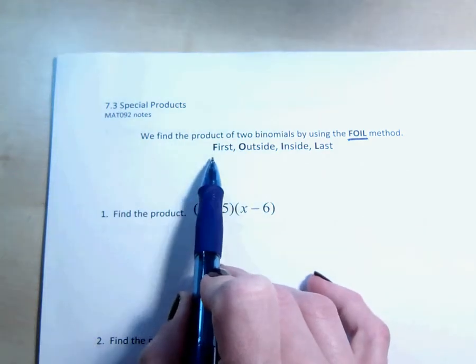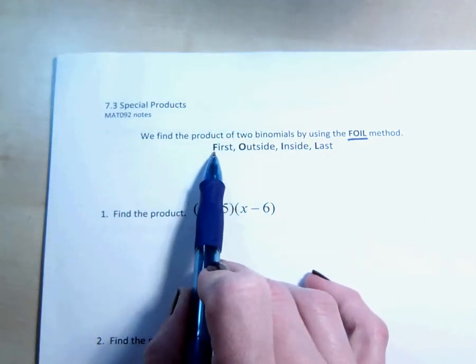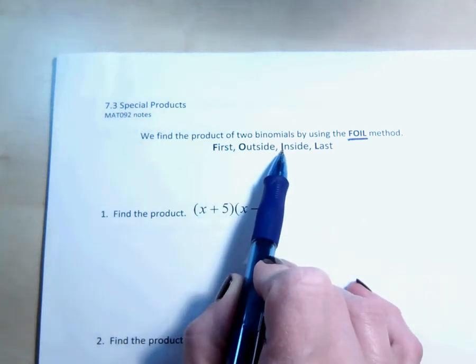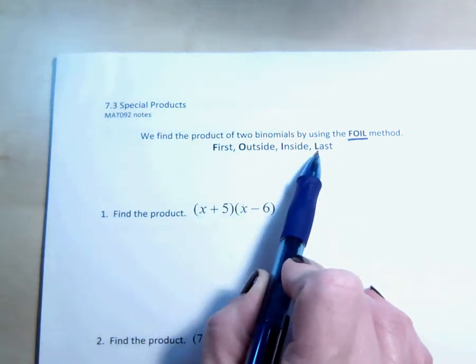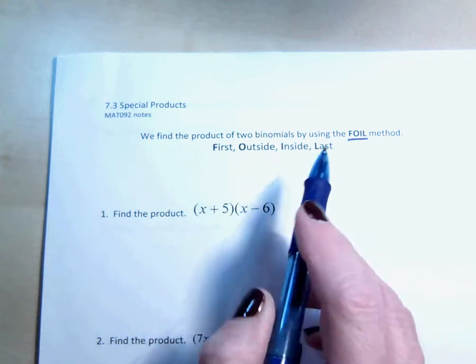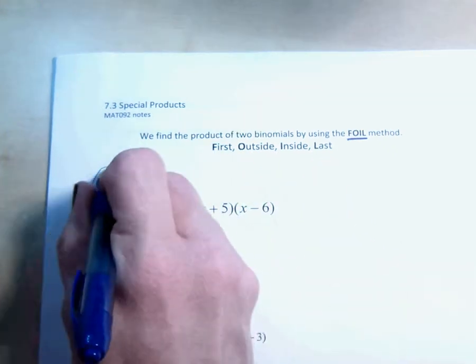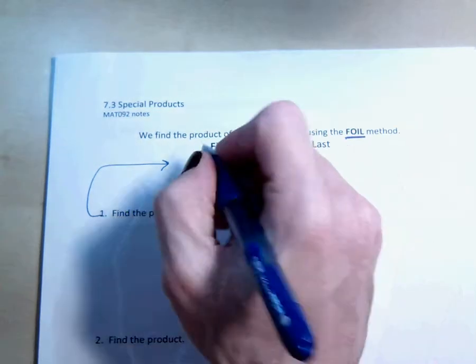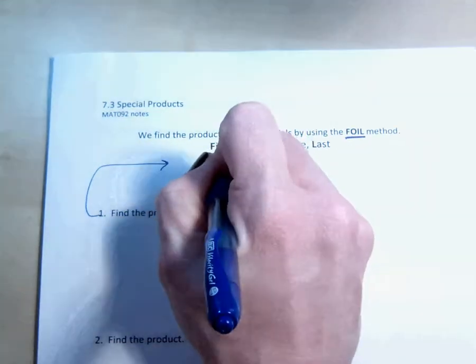When you're multiplying two binomials, you multiply the first 2 terms, that's the F, then the outside 2 terms, then the inside 2 terms, then the last 2 terms. F, O, I, L. Alright, let's use example 1 right here to illustrate the F, O, I, and L. Okay, F stands for the first 2 terms.